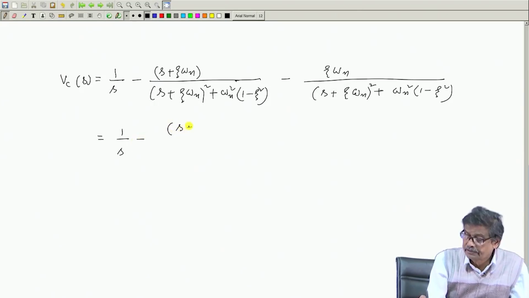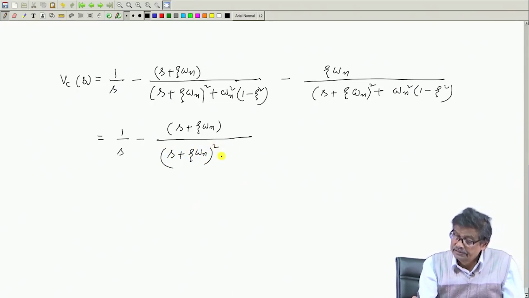This is s plus zeta omega n divided by s plus zeta omega n squared, plus this one is omega n.